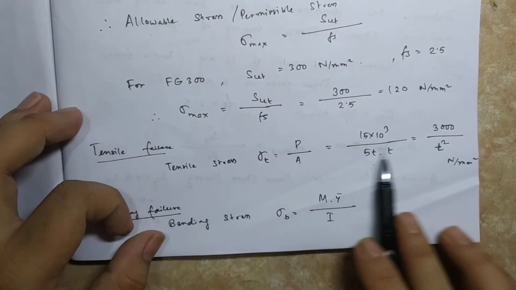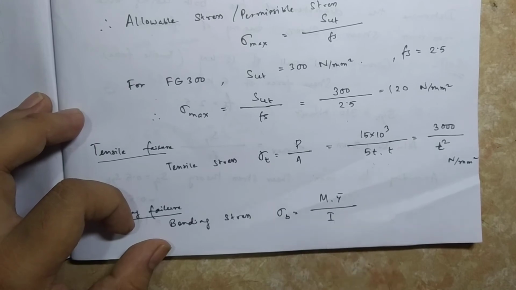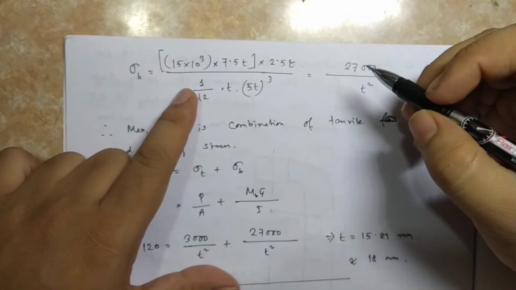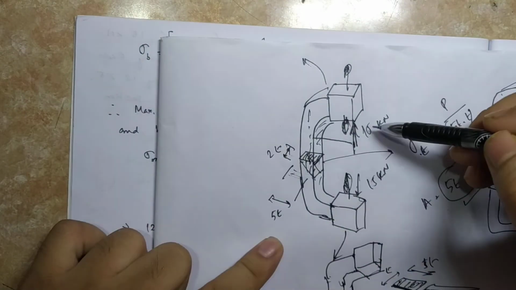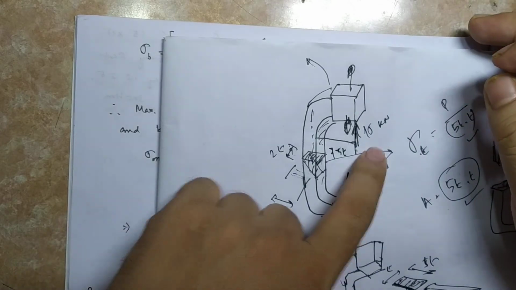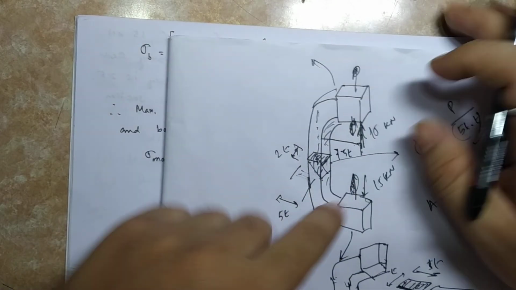This is your tensile stress, and the bending stress is Mb into y bar by I. Now see, as I told you, this is the force multiplied by the distance 7.5 t. So force into 7.5 t is your bending moment.